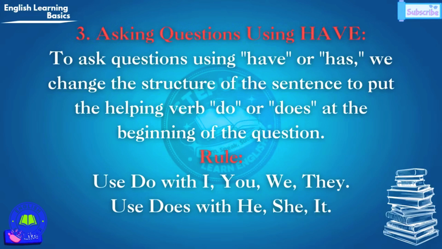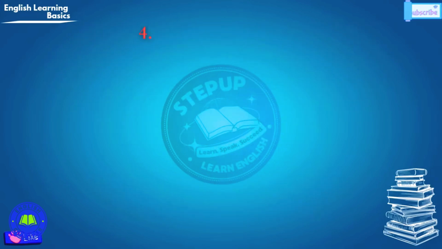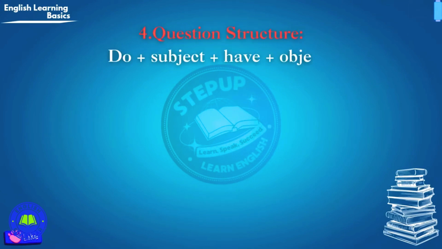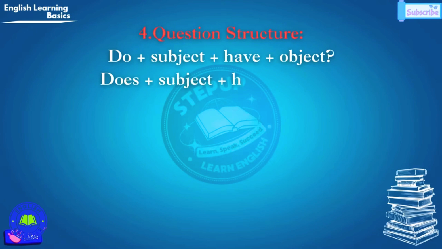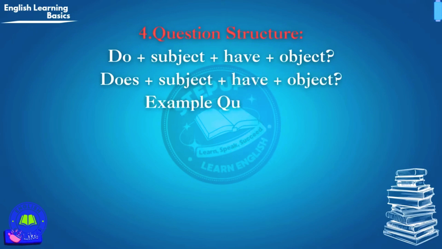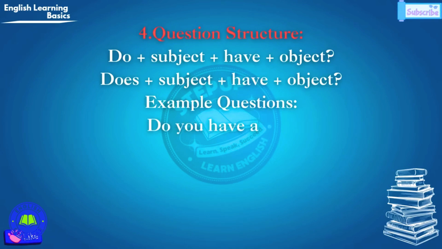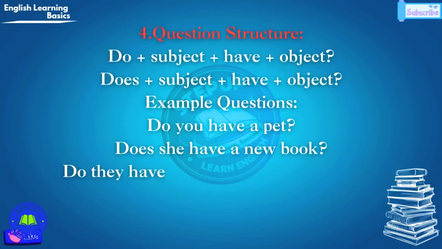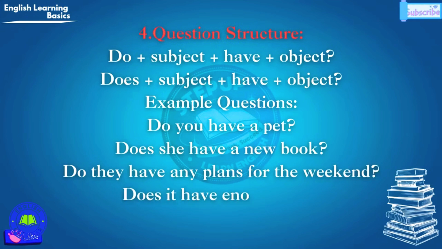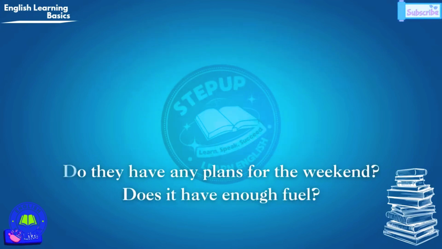Use does with he, she, it. Question structure: do plus subject plus have plus object. Does plus subject plus have plus object. Example questions: Do you have a pet? Does she have a new book? Do they have any plans for the weekend? Does it have enough fuel?